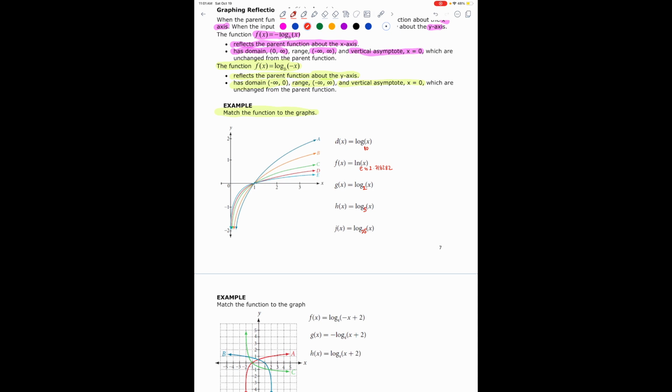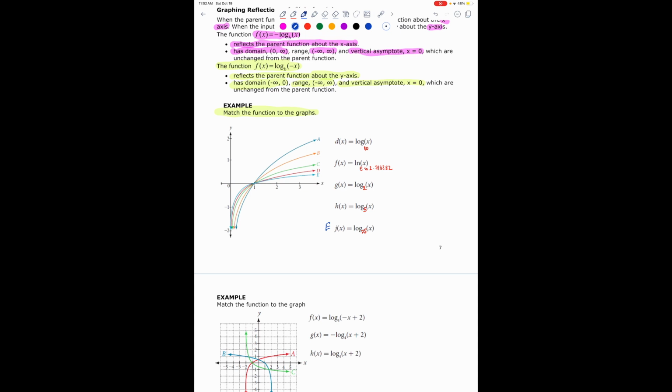So by looking here, I can tell immediately that j of x represents graph E. Graph E here is the closest graph to the x-axis, which means it has the highest base. So this is E. And then the next bigger base is base 10.